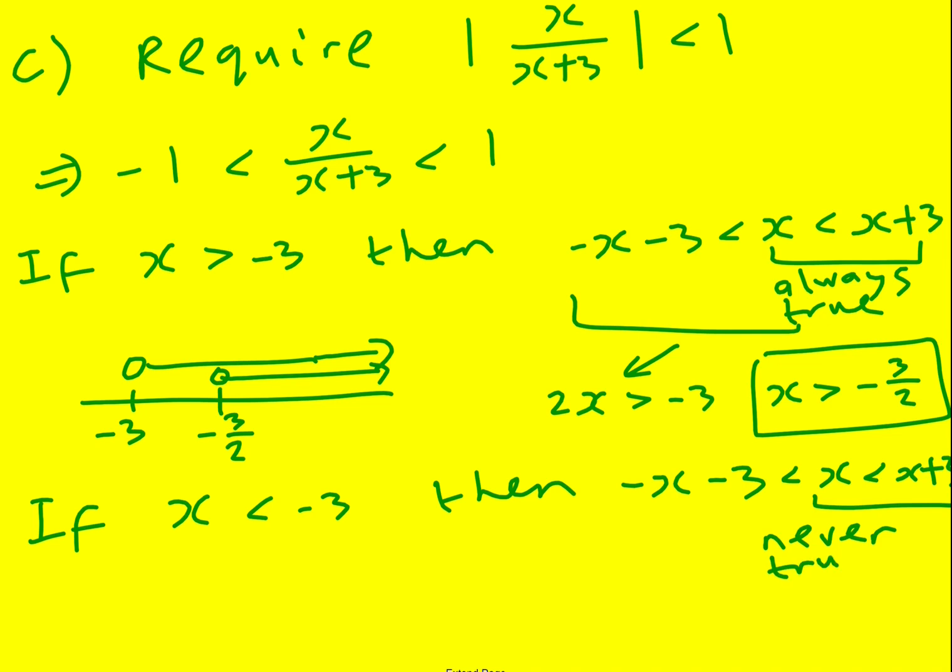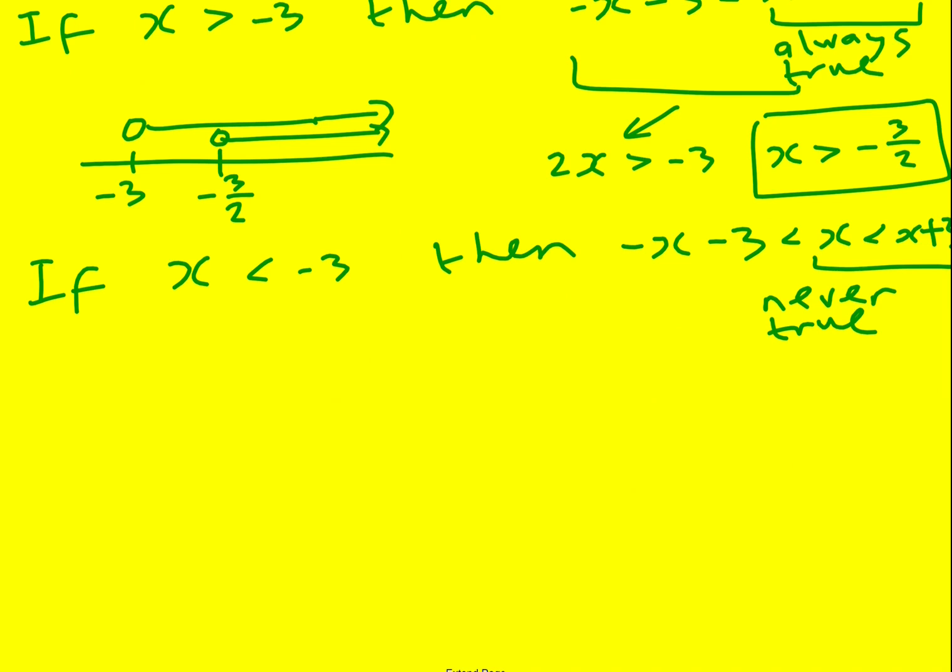So we don't get any more solutions. It doesn't matter if there's possibilities over here. This one can't be satisfied. And therefore, I'm just going to rewrite it again. Convergence for x greater than -3/2.